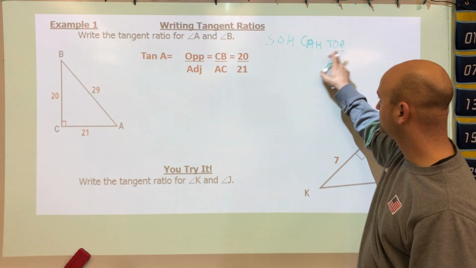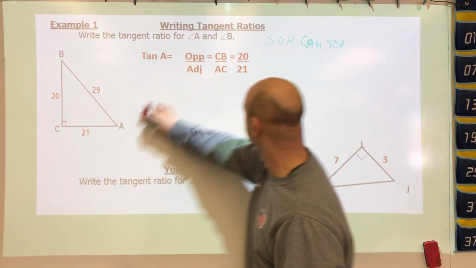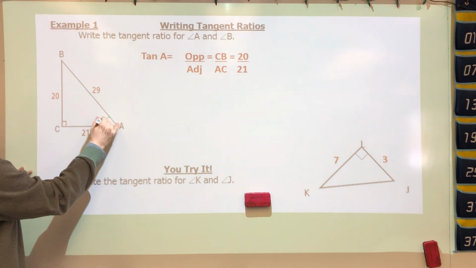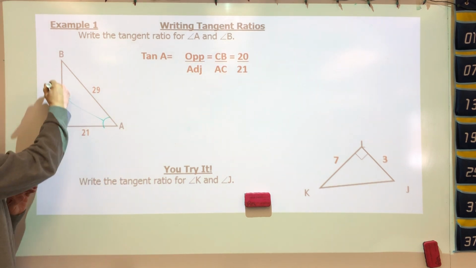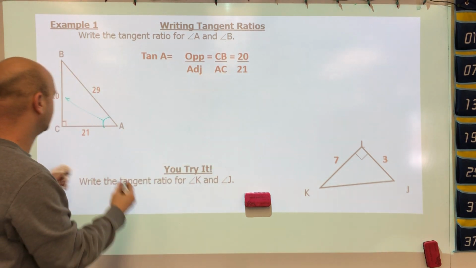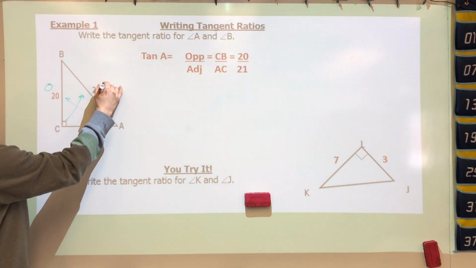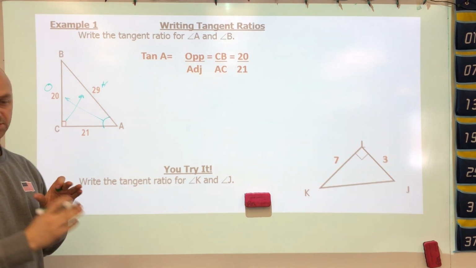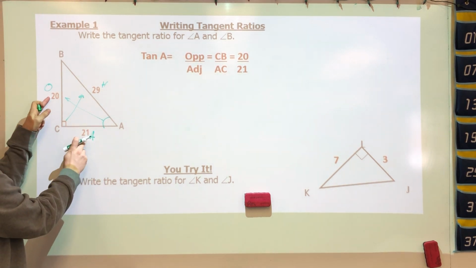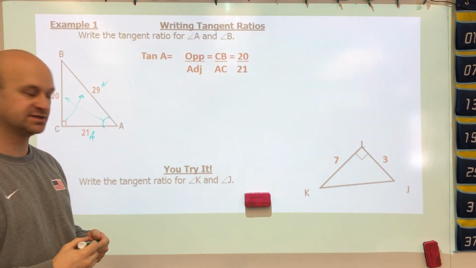If we're doing tangent, we need opposite and adjacent. So from angle A, remember we draw the arrow and that becomes opposite. Do we need opposite in tangent? We do. The other thing we need then is to draw the hypotenuse. We don't need the hypotenuse in tangent, which means this has to be the adjacent side, which is why we get 20 over 21 in this example.